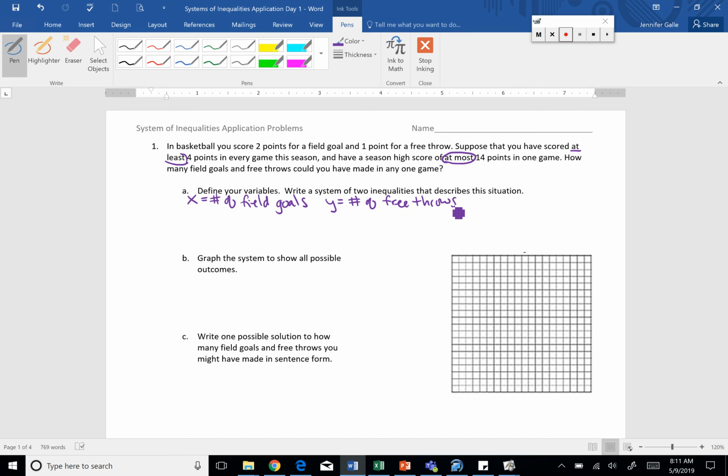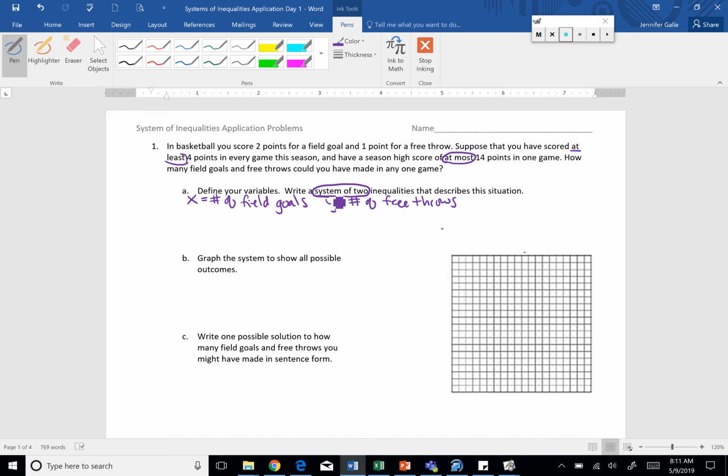All right, now we've got to pick apart our problem, and it says to write a system of two inequalities, system of two. So let's look for some of our totals in there. Suppose you've scored at least 4 points in every game.